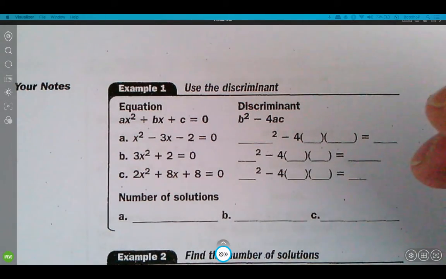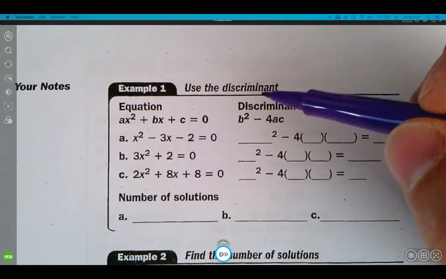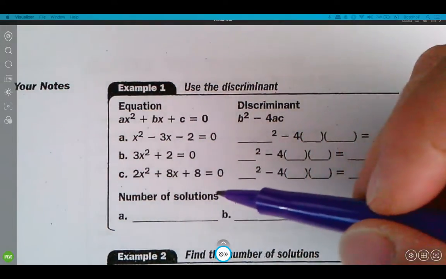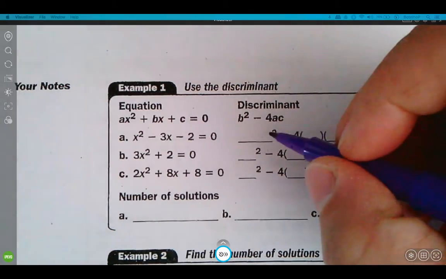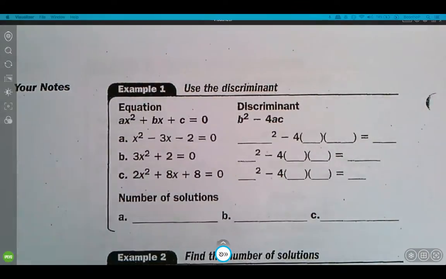So the first examples here, example 1, use the discriminant and tell the number of solutions for A, B, C here. I'll focus on one at a time.